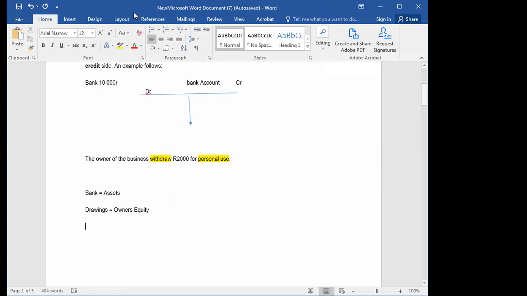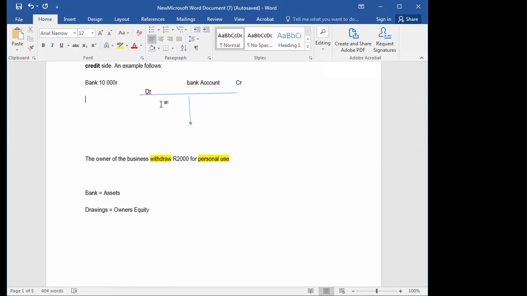The first account must be a bank account. Let's draw a bank account. Actually, we have a bank account here. Let's just use this bank account. When the money is going out from the bank, is there an increase or a decrease? Therefore, we need to specify that.